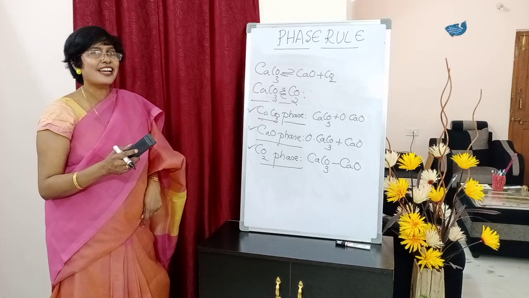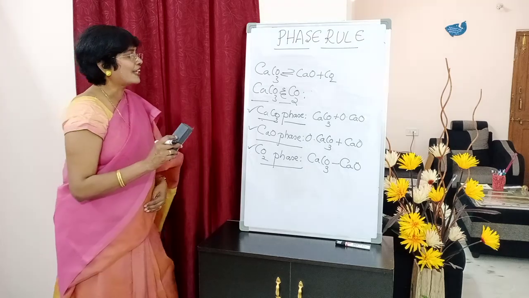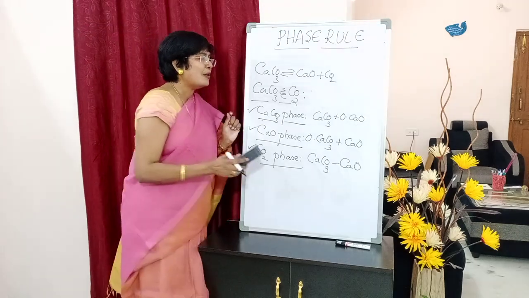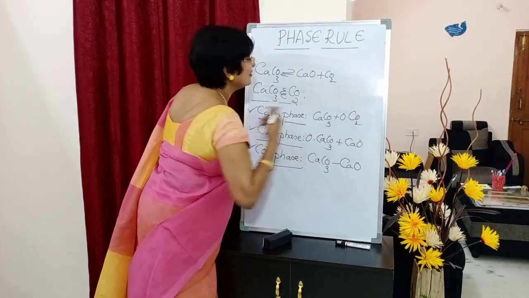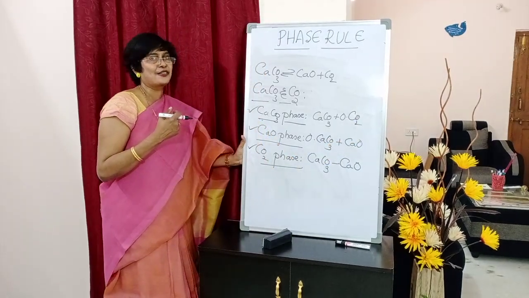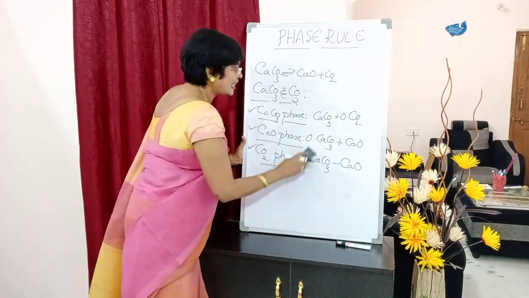How? Understood now? Some of you must have already written in the book. Okay, very good. CaCO3 plus 0 into CO2. 0 into CO2 is equal to what students? CaCO3.